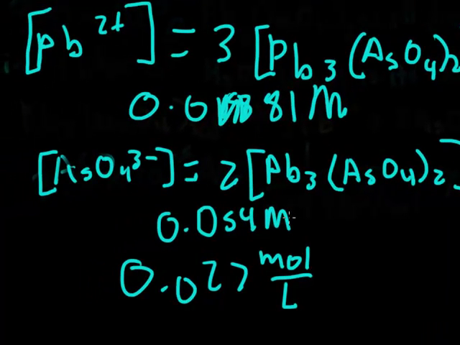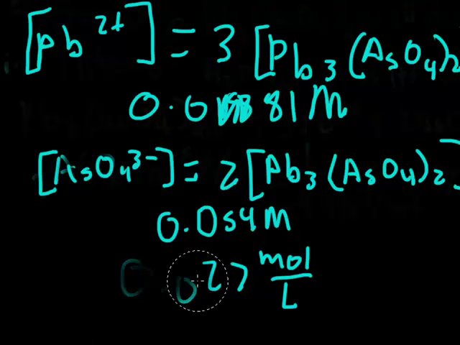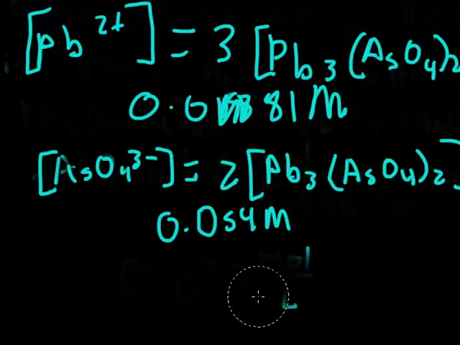Taking these 2 molarity numbers, you could calculate the Ksp, which is the product of the concentrations of the 2 molecules.